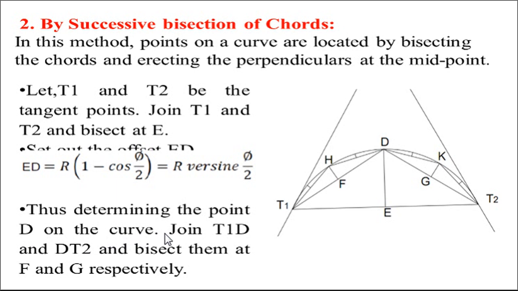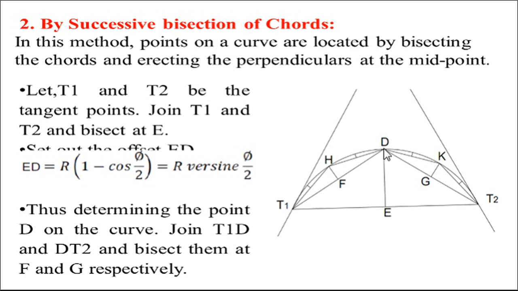Next, join T1D and T2D and bisect them at points F and G respectively. So what we have to do is: we have points T1 and T2, we bisect T1T2 at E, then from E we set out one offset called ED.